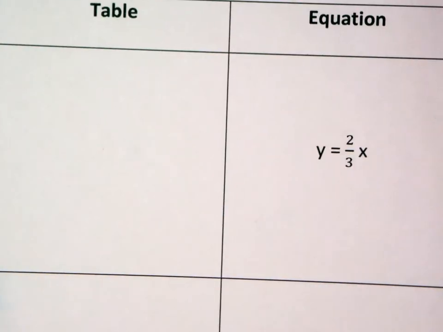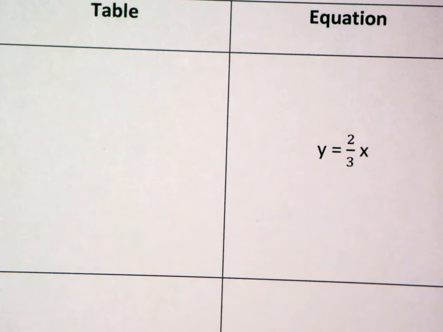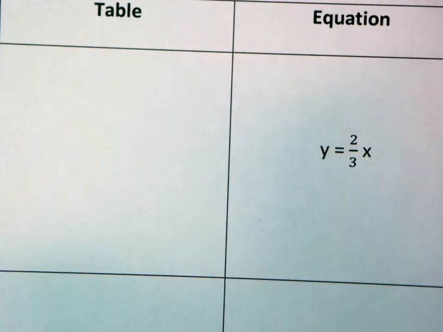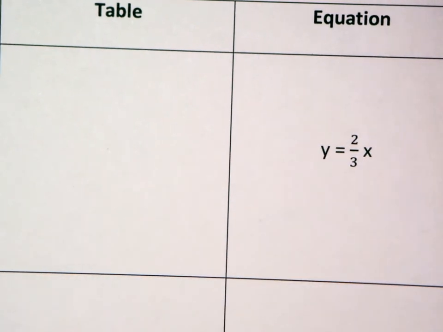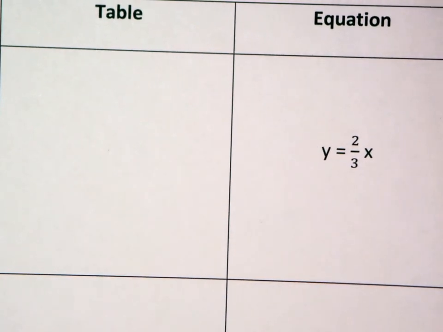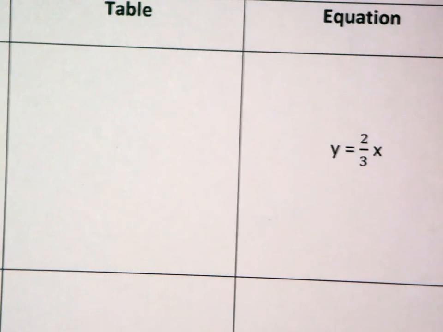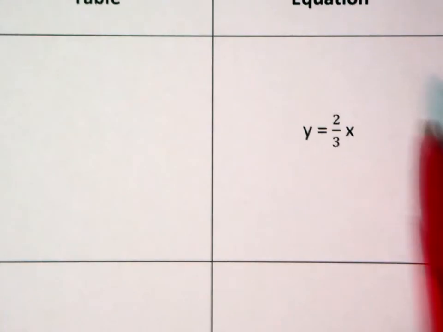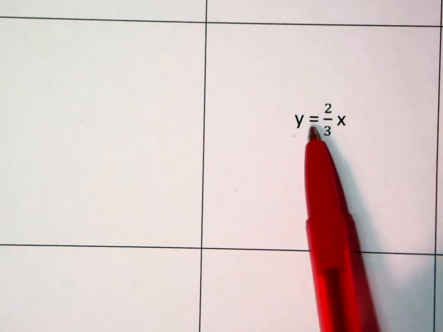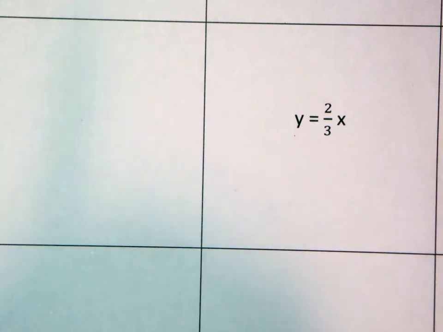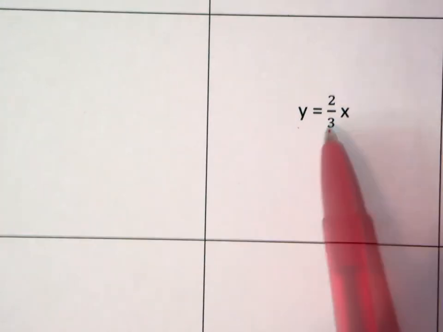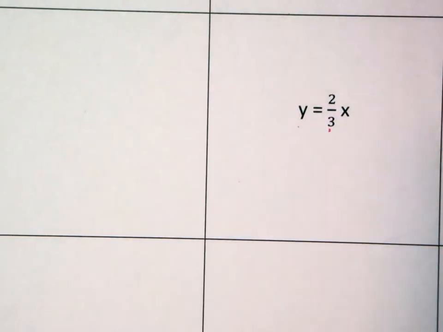You were also asked to translate from each form. And so for problem 1, you were given an equation. And from that equation, we needed to determine the constant of proportionality, develop a table, and create a graph. And so we know right away that our equation is y equals kx, and k represents our constant of proportionality.